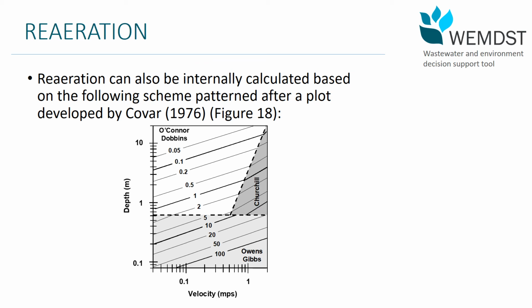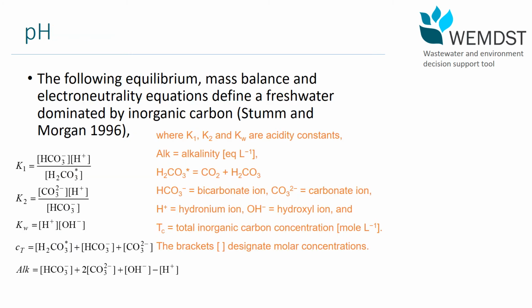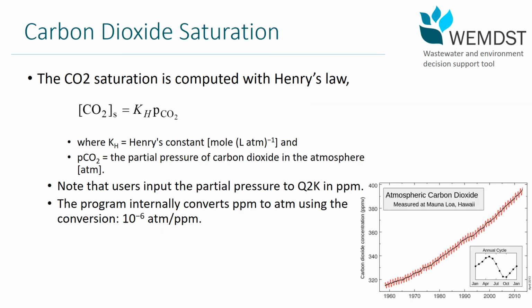The alkalinity is quite important because it governs specific chemical reactions, and is also related to the pH value. Again, the equilibrium of pH is also associated with the inorganic carbon concentration, as usual with the carbon balance.